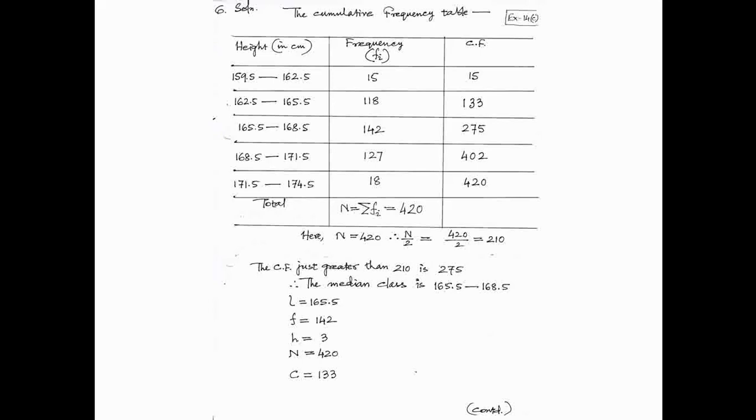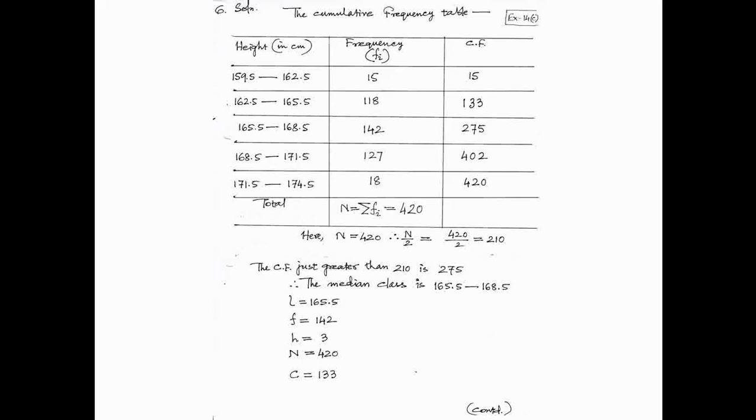Okay. Now you see here I have mentioned C equal to 133. What is that? Now students, one thing let me tell you. After getting the median class, for this particular class, the cumulative frequency is 275.